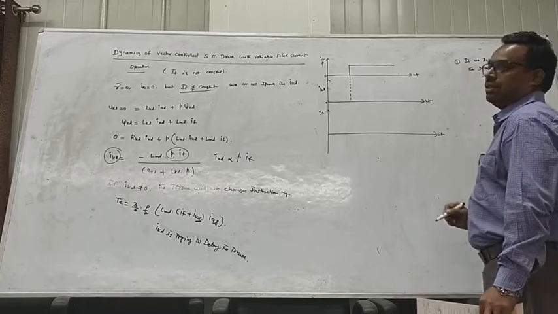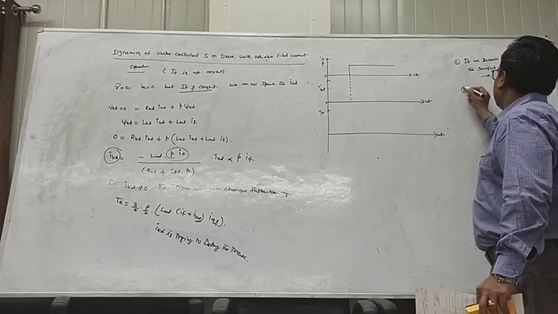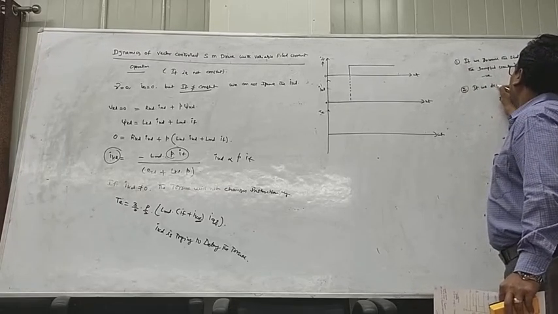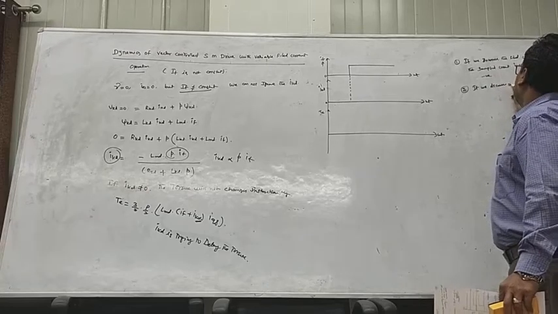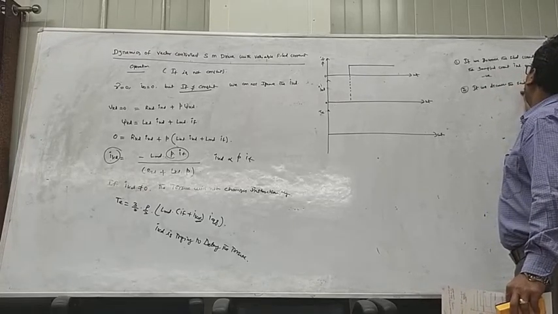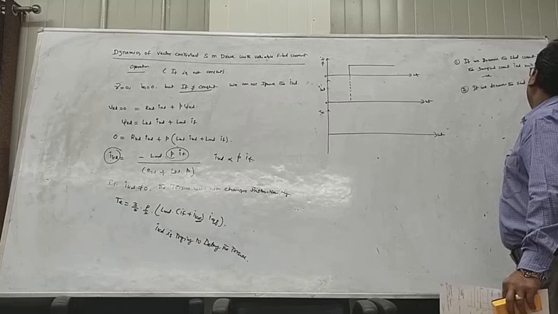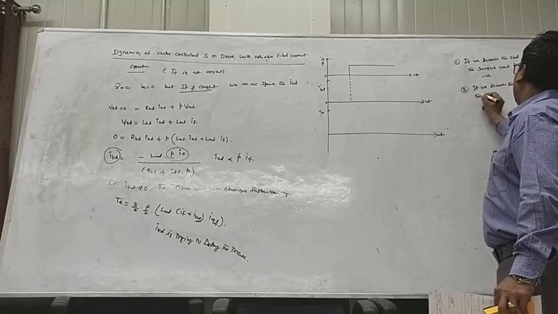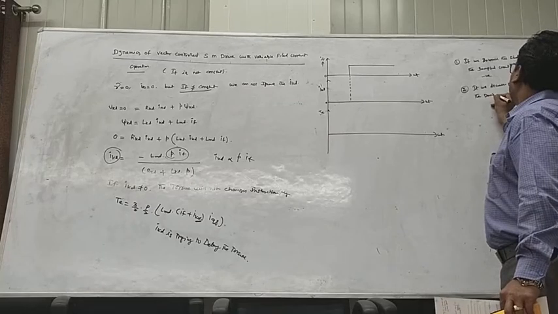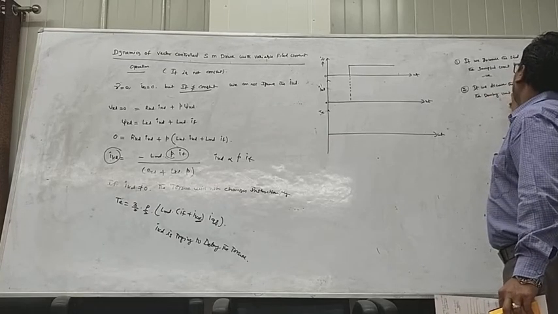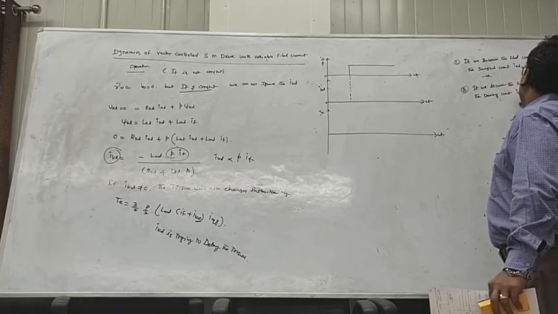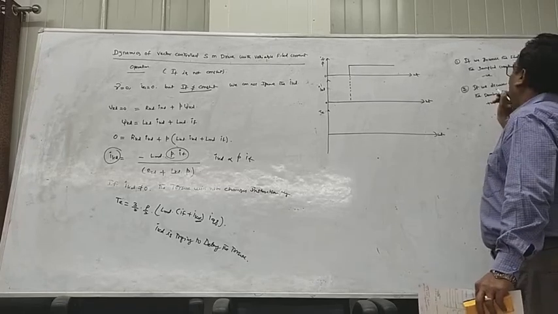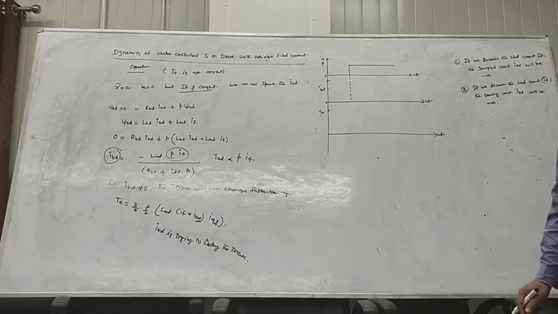This is the first condition. And the second condition is, if we decrease the field current IF, the damping current, that is IKD, will be positive.